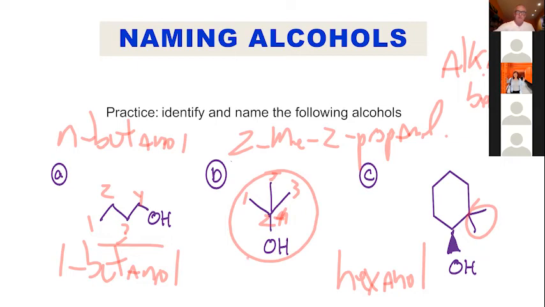So it is dimethyl hexanol, but we need more information because we need to say where the dimethyl groups are in relation to the alcohol group. So what do we call it? 2,2-dimethyl. Yeah. Excellent. 2,2. Because that would be position 1 because that's where our alcohol group is, and then the 2 methyl groups.